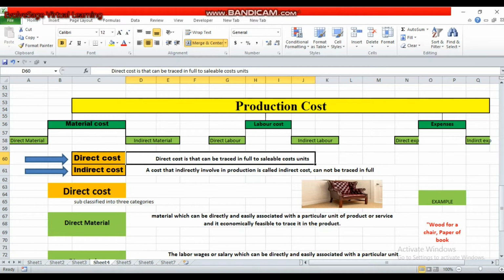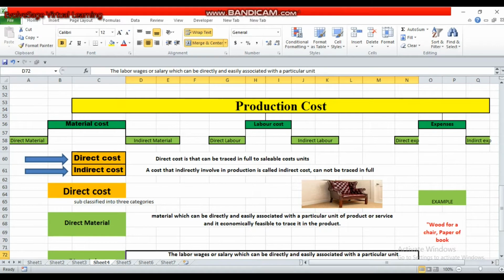One thing we need to understand here is that all material is not used in the same quantity. Some material will be used in more quantity and other in fewer quantity for producing a single product. So we divide that material into two categories. One is direct material and the second is indirect material.